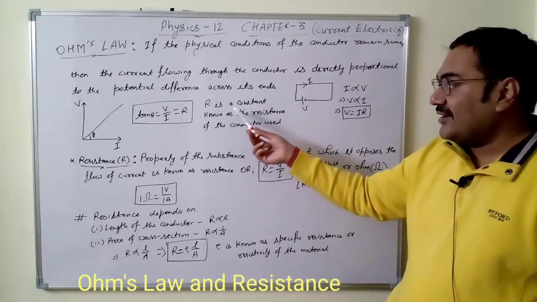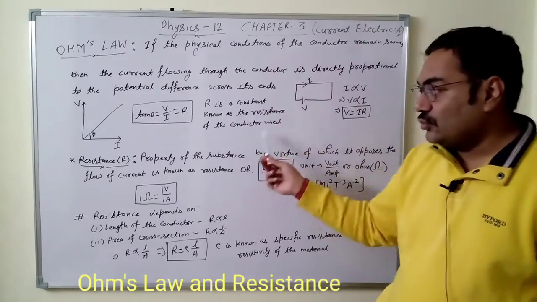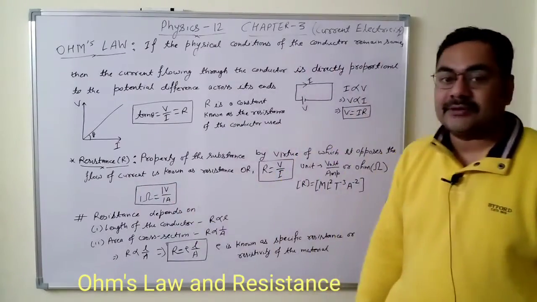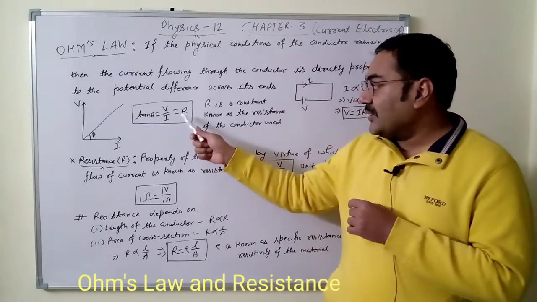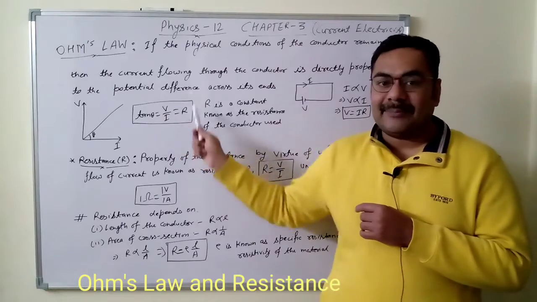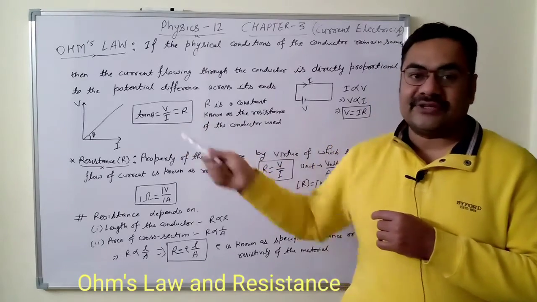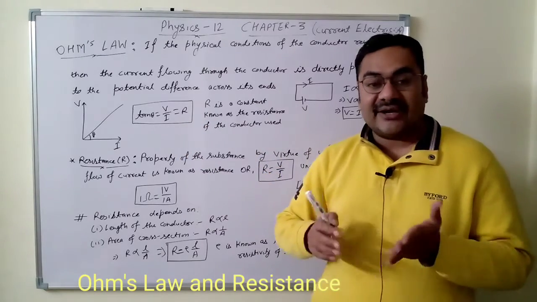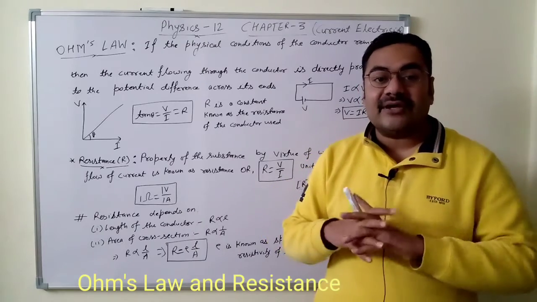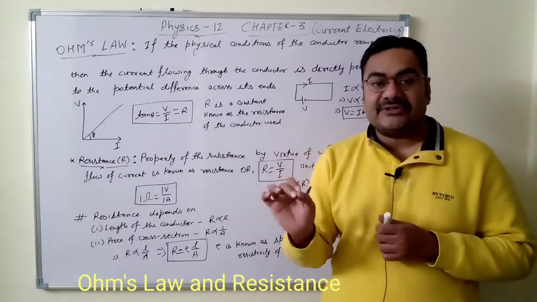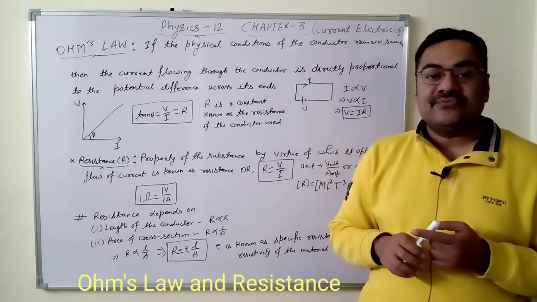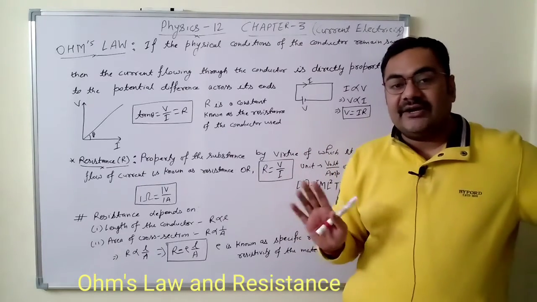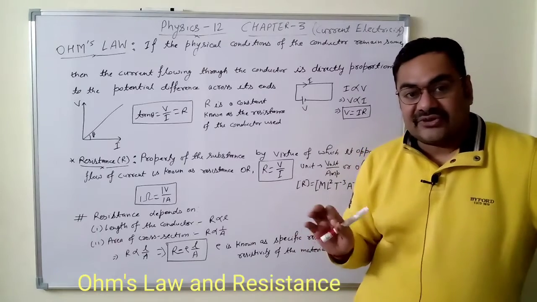So R is a constant known as resistance of the conductor used, and now we are starting with the definition of resistance. And friends, this becomes R equals V upon I. This is the mathematical notation of resistance. So conceptually, resistance is just the behavior of a conductor by virtue of which it opposes the current. Every material has a behavior that it opposes the current flowing through itself.